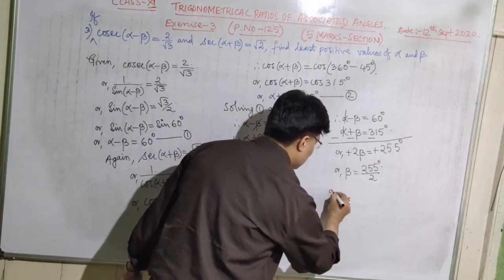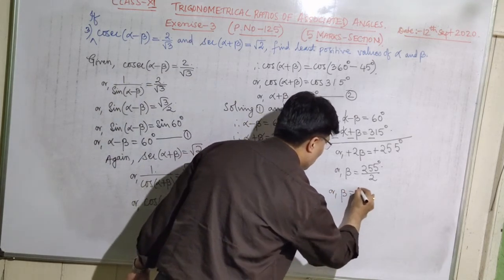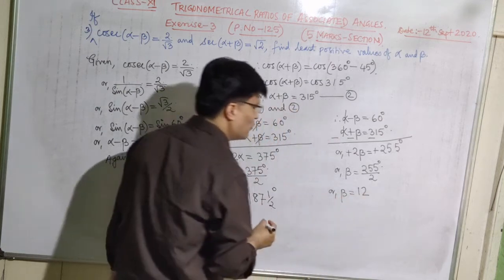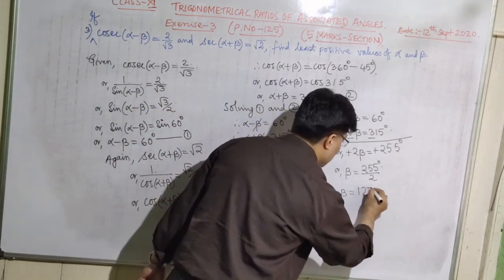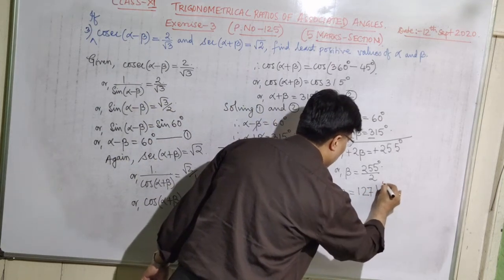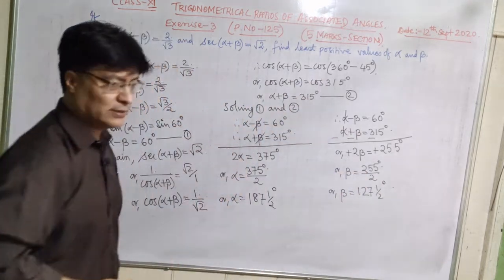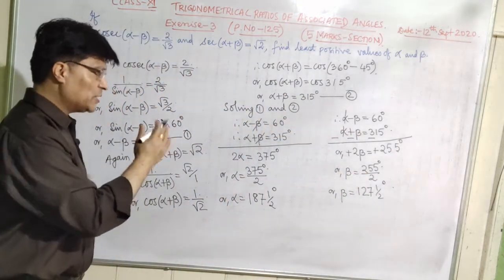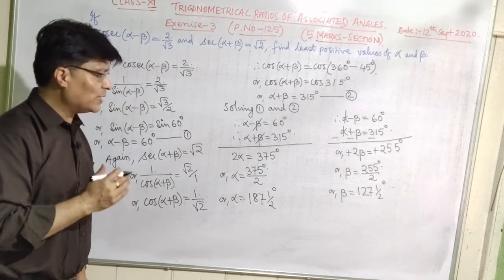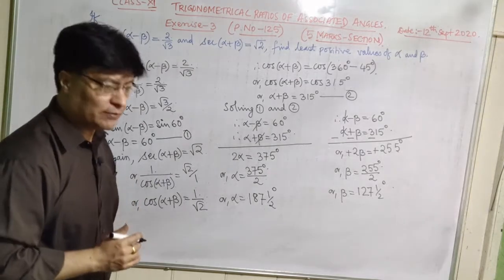Let us write it in terms of mixed fraction again. 2 1s are 2, 2 2s are 4, 15, 2 7s are 14 and half degree. So the mixed fraction for beta is 127.5 degree.